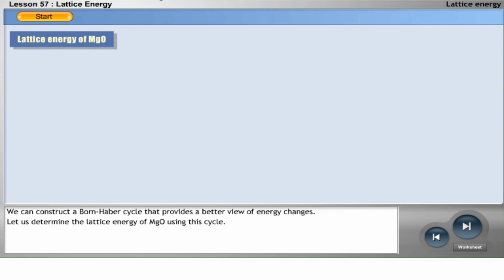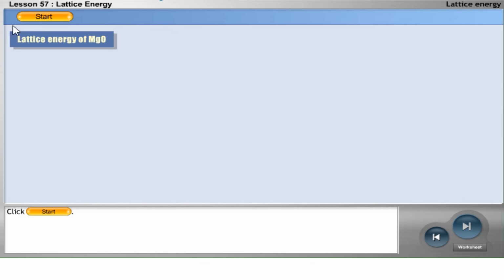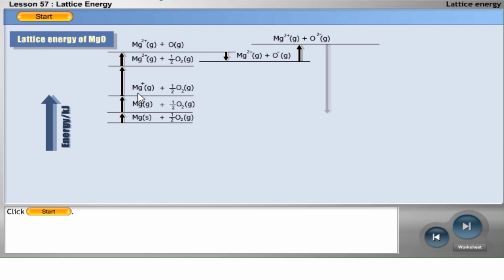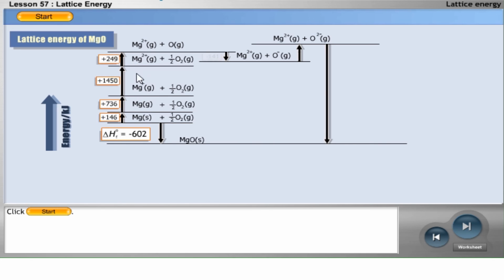We can construct a Born-Haber cycle that provides a better view of energy changes. Let us determine the lattice energy of MgO using this cycle. Okay, start from the beginning. Mg in a solid form converts to Mg in a gas form. Mg in the gas form converts to Mg+ in the gas form.